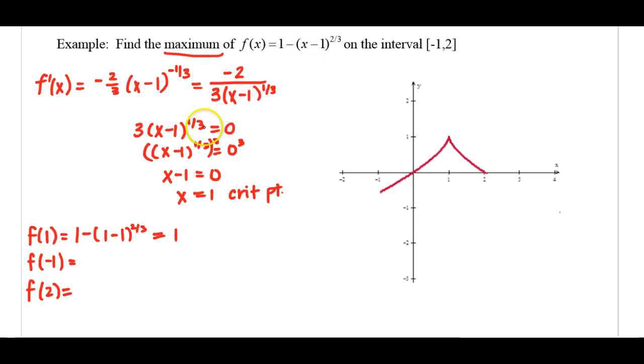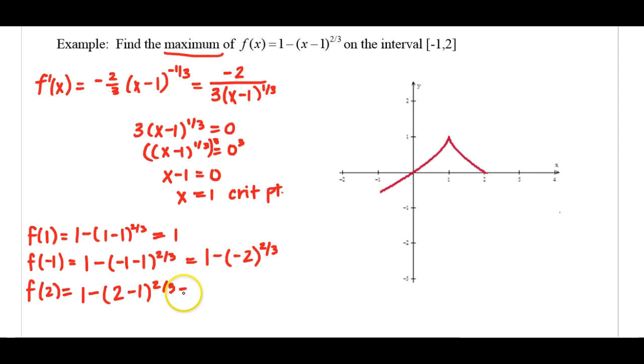When I substitute in negative 1, I get 1 minus (negative 1 minus 1) to the 2/3. So I get 1 minus negative 2 to the 2/3, and then let's plug in 2 before we keep going to see what happens. So we're going to get 1 minus (2 minus 1) to the 2/3.